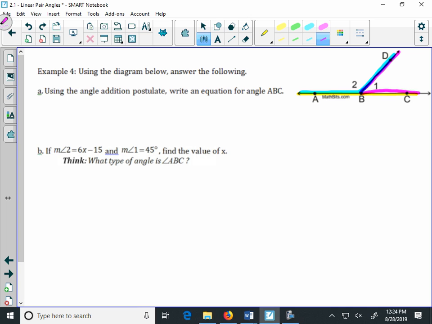Okay? So if I add angle 2 to angle 1, it's going to equal the whole thing, which is ABC. This angle plus this angle equals the whole angle. Again, it's just a flexed out angle.